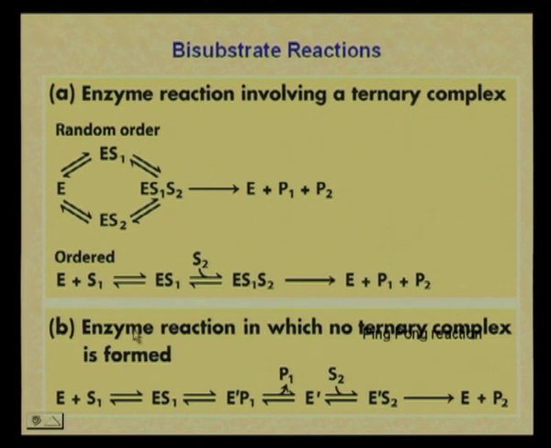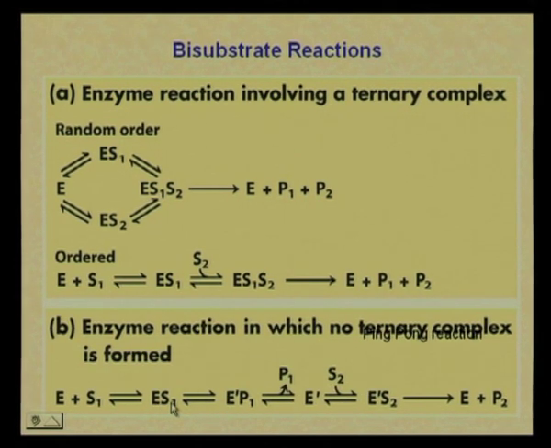Okay? Now, in the enzyme reaction where we do not have a ternary complex formed, which is actually called the ping pong reaction, we have E plus S1 forming ES1. And what is important about the ping pong mechanism is that P1 has to be released first. Okay? So, we have E plus S1 forming ES1. The first product is released before the next substrate binds. Okay?